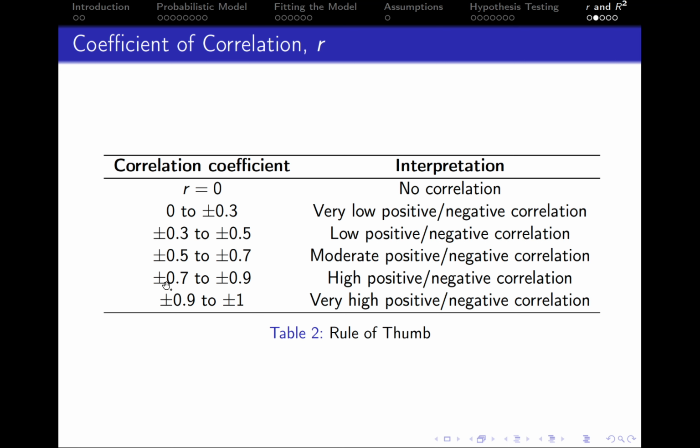We can also make a conclusion about whether we have higher positive or negative correlation, and this will be when we have the correlation coefficient between 0.7 and 0.9 or negative 0.7 and negative 0.9, and if it lies between 0.9 and 1 or negative 0.9 and negative 1, we say that we have very high positive or negative correlation.